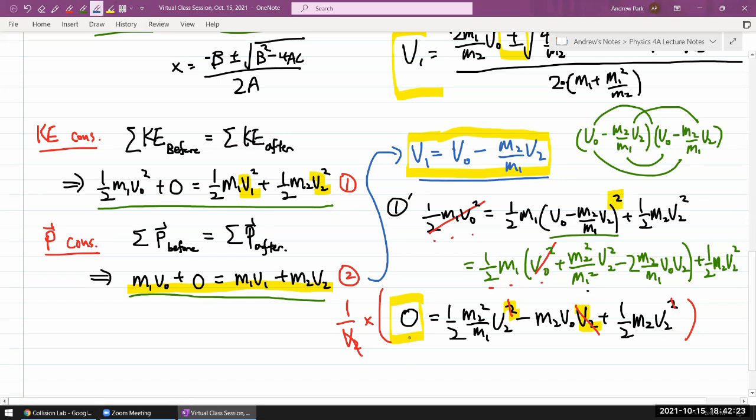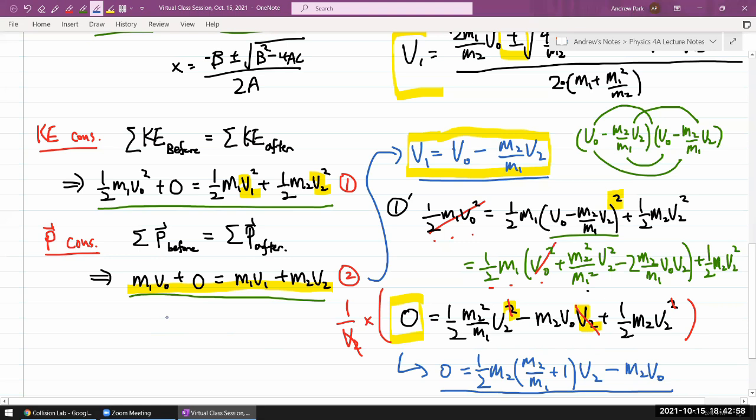So what you end up with is 0 is equal to, so let me combine some of the like terms here. I have 1/2 m2, factor that out front, and I have this term, m2 over m1, plus, I guess this is 1. And then v2, factor it out to the right, minus m2 v naught. So this is now a linear equation. I can solve this for v2. Let me do that.